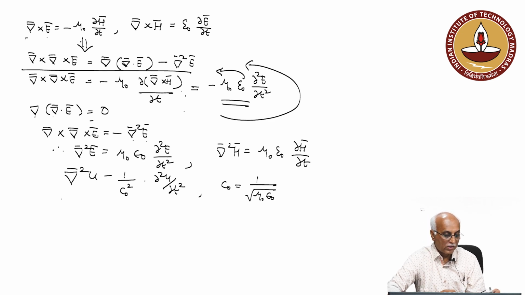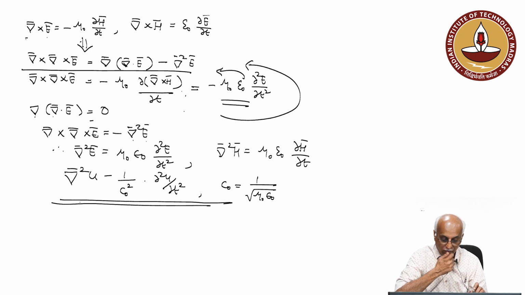So this is a general expression for an electromagnetic wave when it propagates through free space. The spatial variation in the field and the temporal variation are interrelated by this equation.